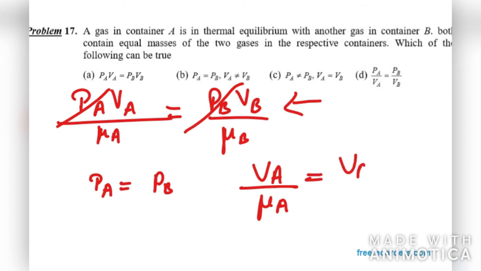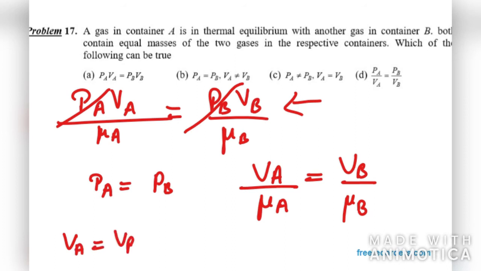If I say that VA is equal to VB, then what are we left with? Let us consider that VA is equal to VB in the first equation.